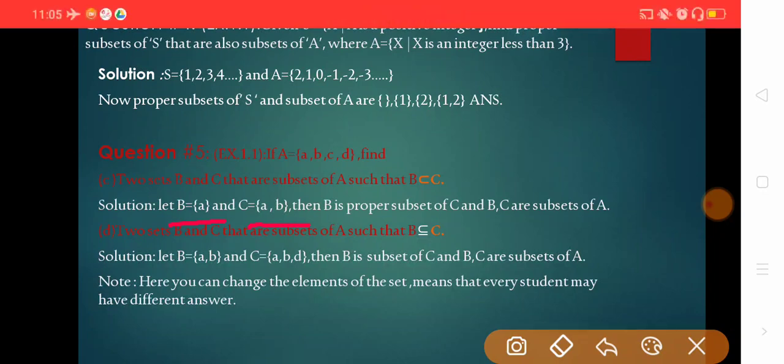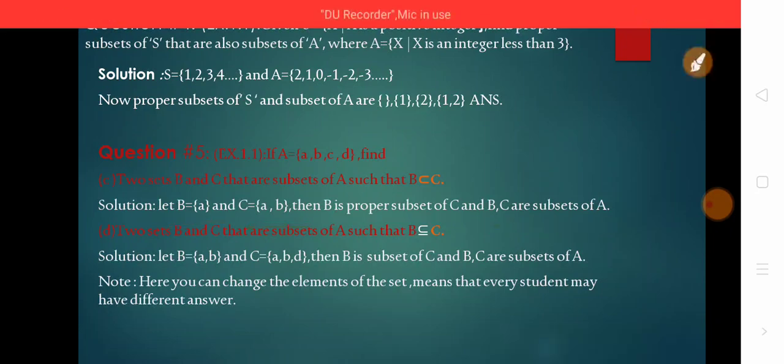So B is a proper subset of C, and B and C are subsets of A. B is a proper subset of C, as all the elements of B are present in C and B is not equal to C. That's why B is a proper subset of C, and B and C are subsets of A, as the set A is {a, b, c, d}.